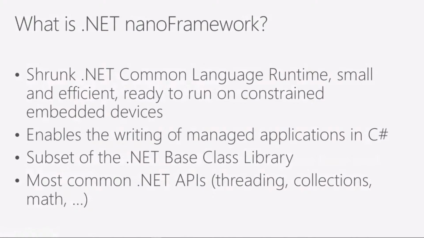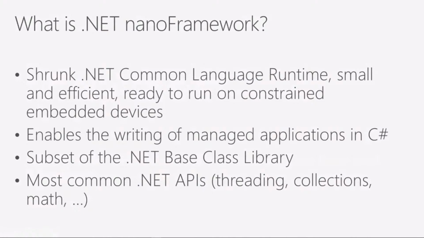And when I say constrained, it is really constrained, tiny devices, even smaller than the Raspberry Pi, which is probably the one you use if you're doing IoT on C Sharp. So it enables you to write C Sharp code for small microcontrollers. Obviously, it doesn't have all the features and the API of the full .NET framework. It wouldn't fit in there.